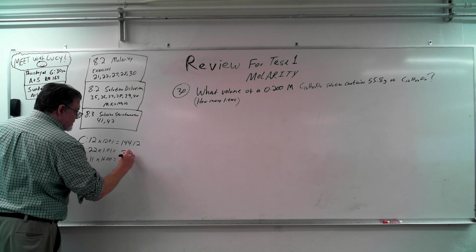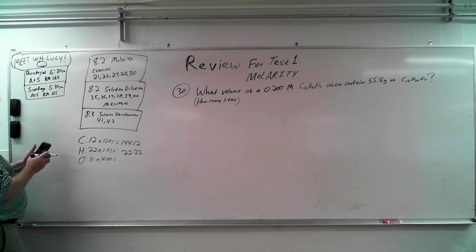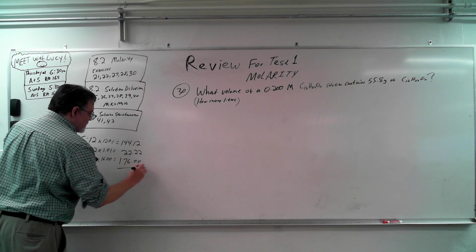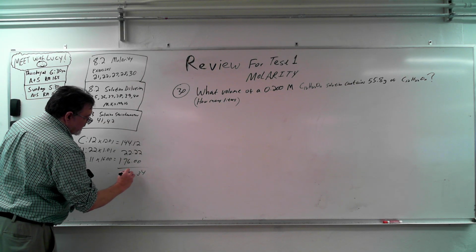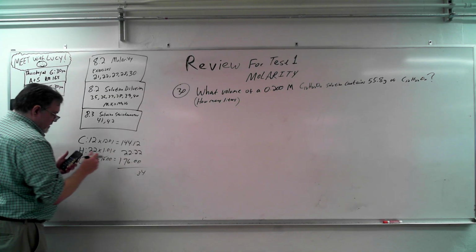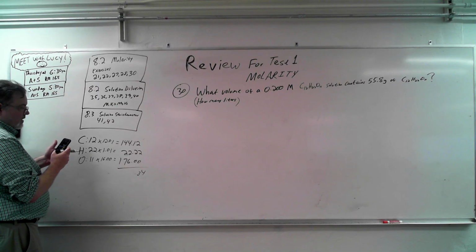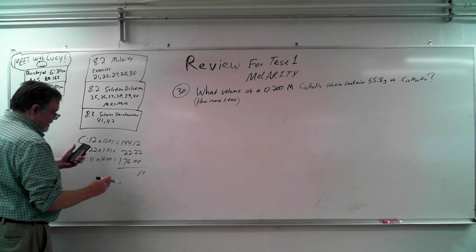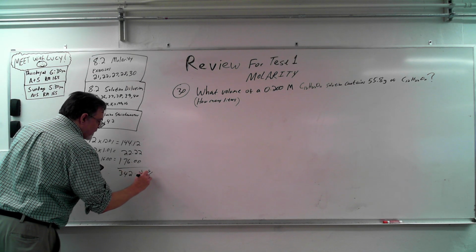This will be 22.22, and then 11 times 16, 176.00. Add them up. 144.12 plus 22.22 plus 176 equals 342.34 grams per mole.